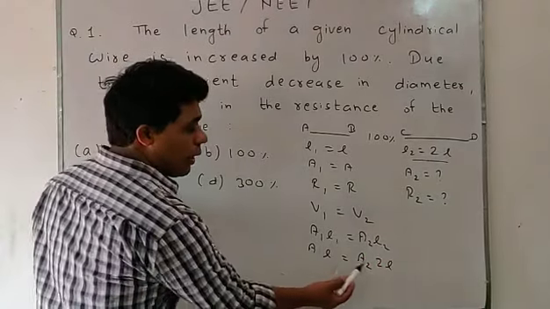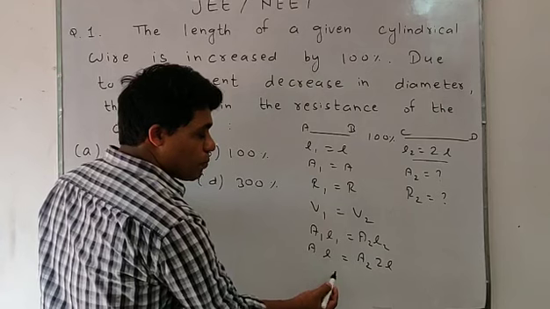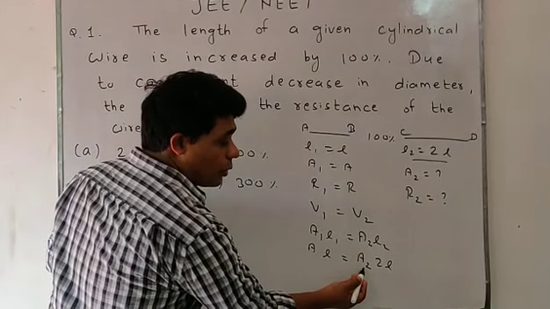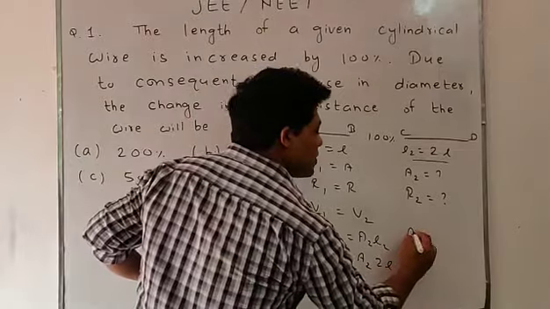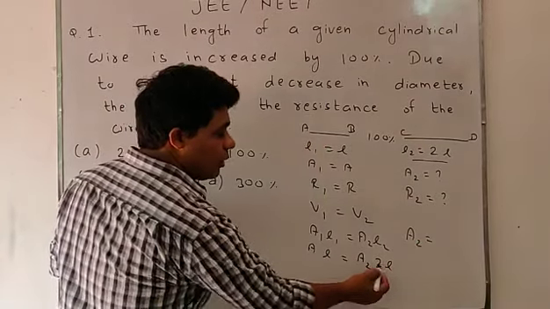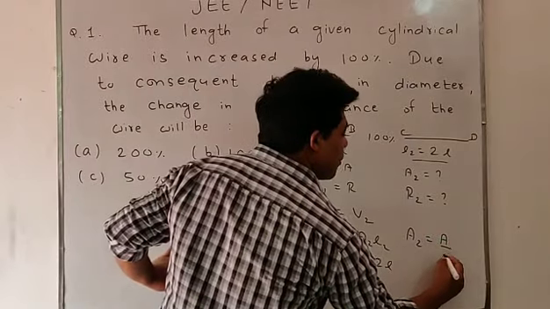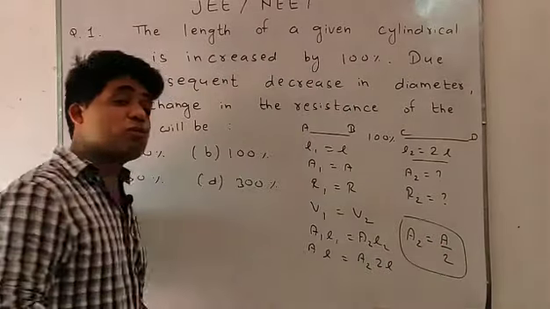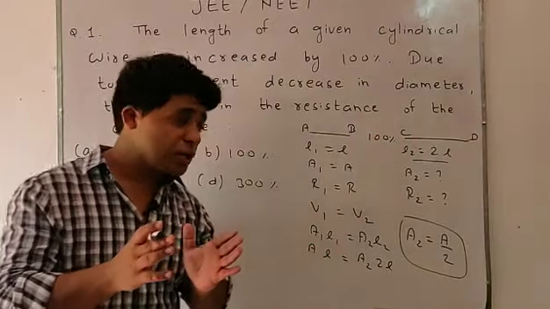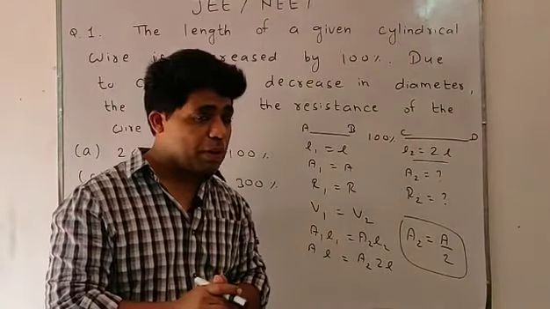Look, students, L and 2L cancel out, and A2 is A by 2. It means on making length double, 100%, its area of cross section becomes half.